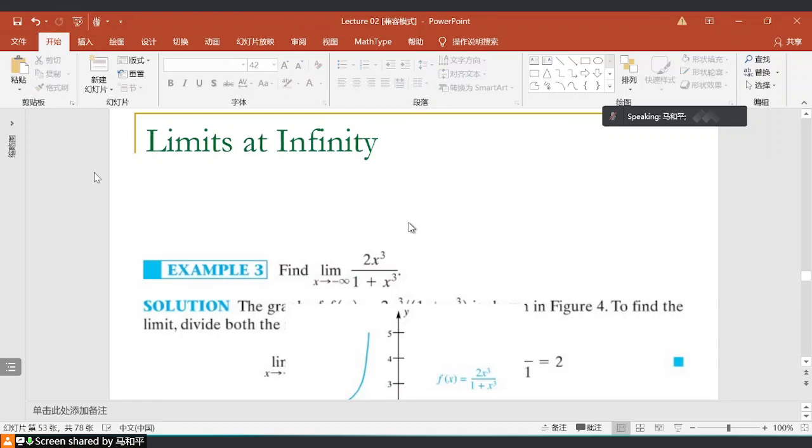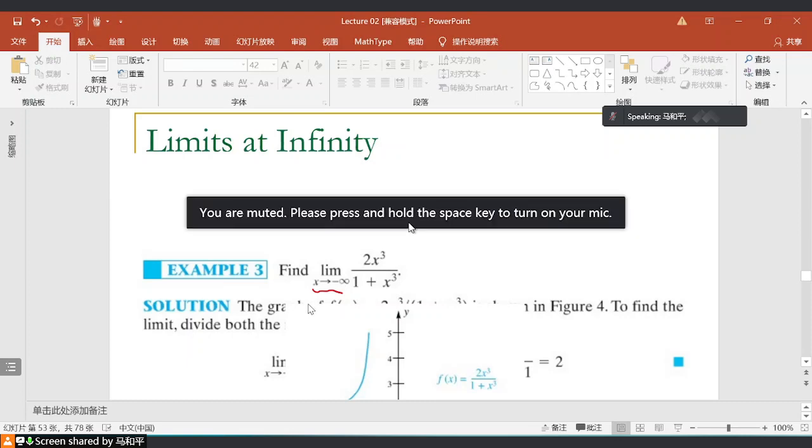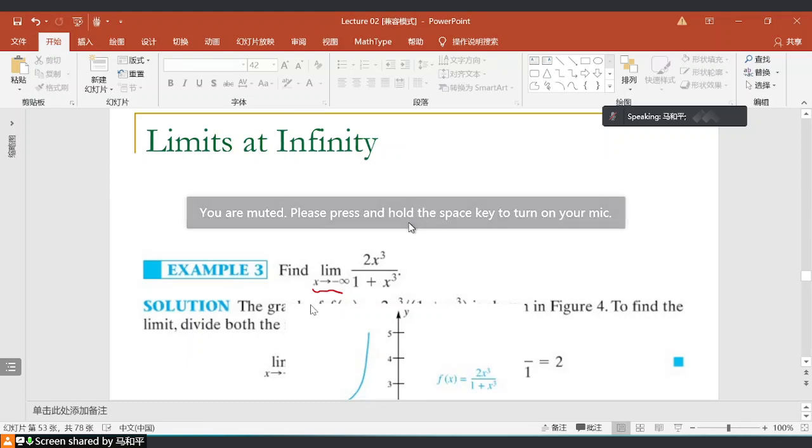Okay, we explain it. Now here we should know that x approaching negative infinity is also a limit at infinity, right? So we use the standard trick: divide the numerator and the denominator by the highest power of x.